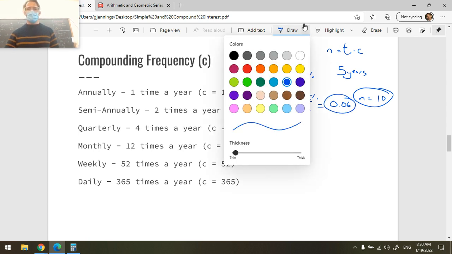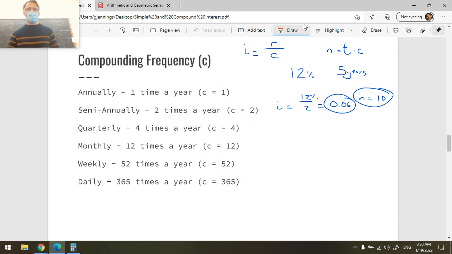What about if we apply interest 4 times a year? That could be on the equinoxes and the solstices, the height of winter, the height of summer, and the middle of spring and fall. Here, if C is 4, then our I would be 12 divided by 4, so that would be 0.03.